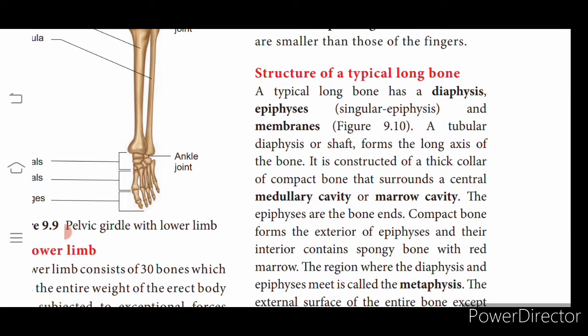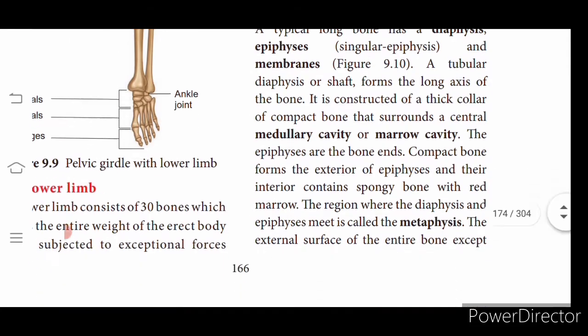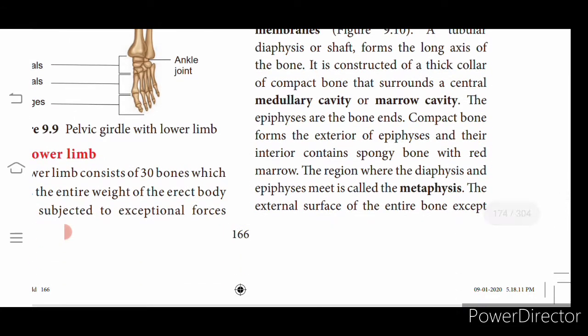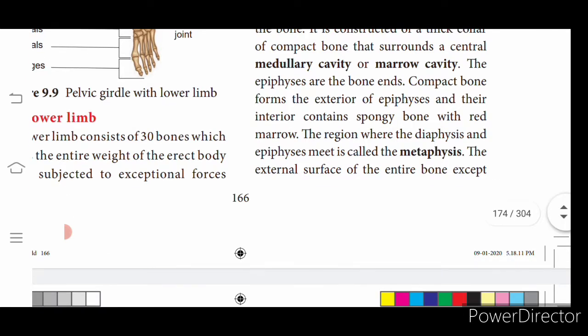It is constructed of a thick collar of compact bone surrounding the central medullary cavity. The epiphyses are the bone ends. Compact bone forms the exterior of the epiphysis, and the interior contains spongy bone with red marrow. The region where diaphysis and epiphysis meet is called the metaphysis.